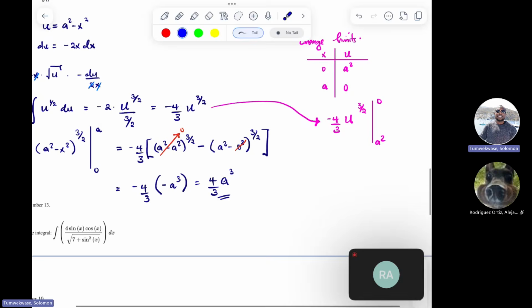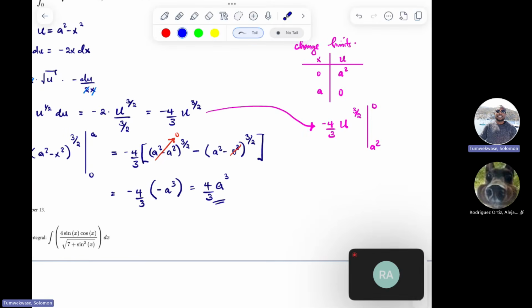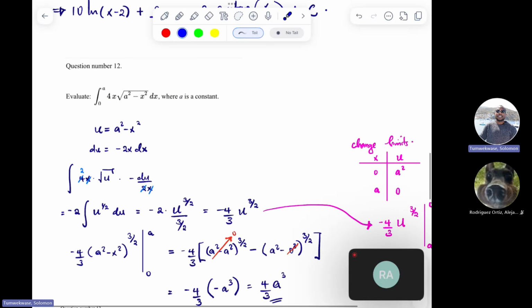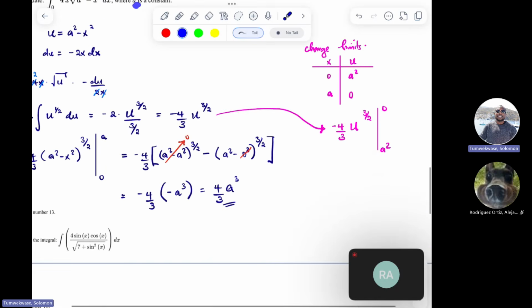But if you really remember very well, you know that in integration, the lower limit should be smaller than the upper limit. And if a is a constant, clearly a squared is always going to be greater than 0. Okay, so you can flip the limits, but remember what happens when you flip the limits. You multiply by a negative, so another negative multiplies with this and we get a positive.